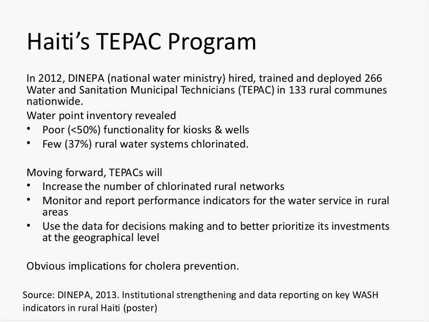And you could see they found pretty poor functionality for water kiosks and wells, and not much chlorination was happening for various reasons. So they now know what they need to focus on.